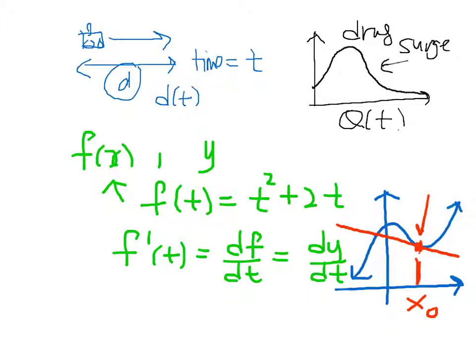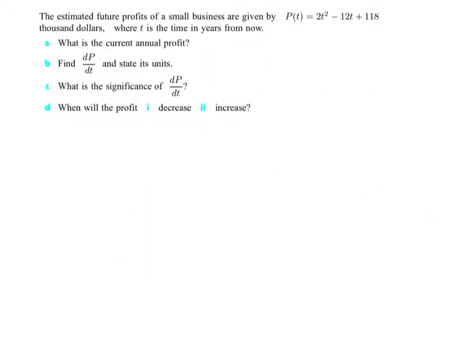So let's look at one example to illustrate the idea of a function of time. Here is a problem regarding the profit of a small business, where t is time in years from right now. If we talk about the current annual profit, we're talking about when t is 0.